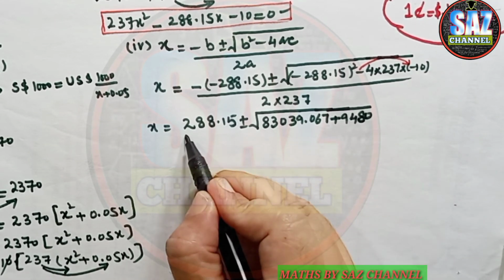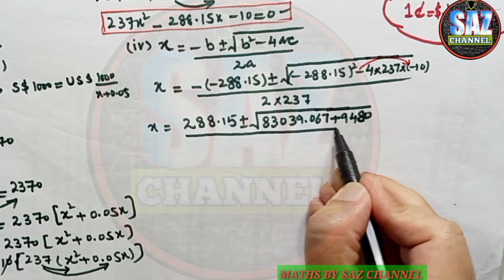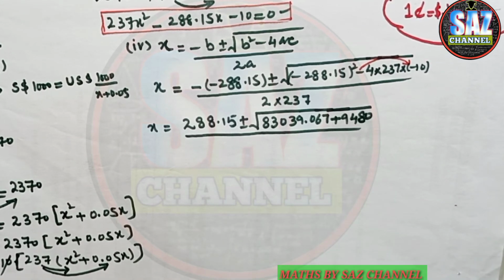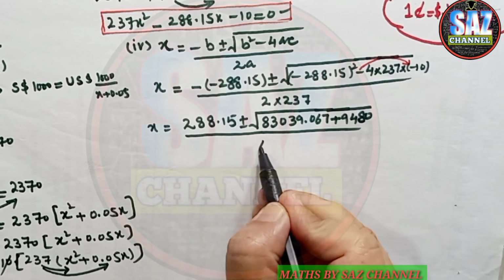Be careful about the calculations. And divided by 237 multiplied by 2, and this will give me 474.